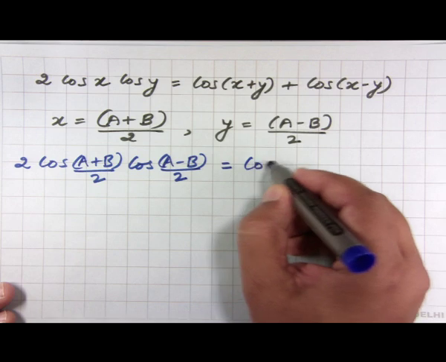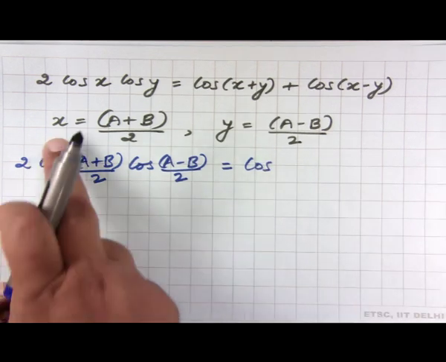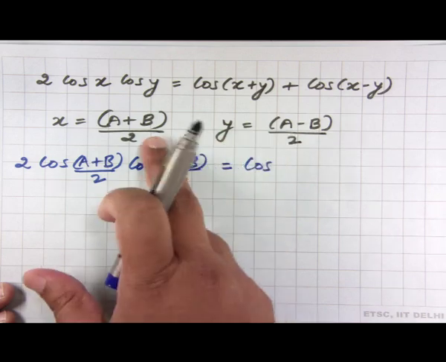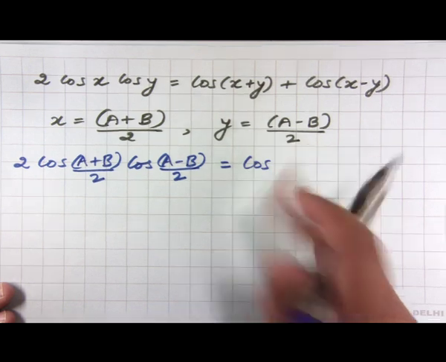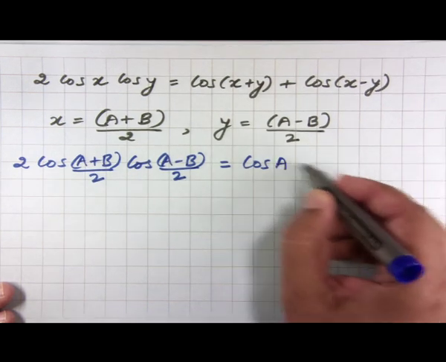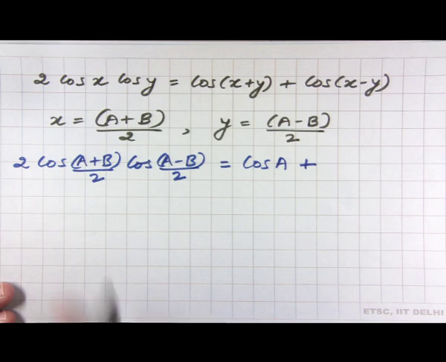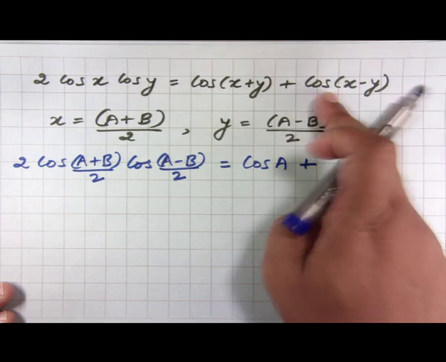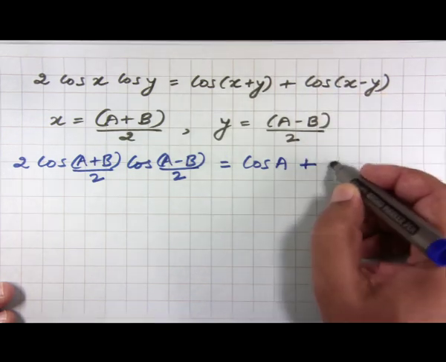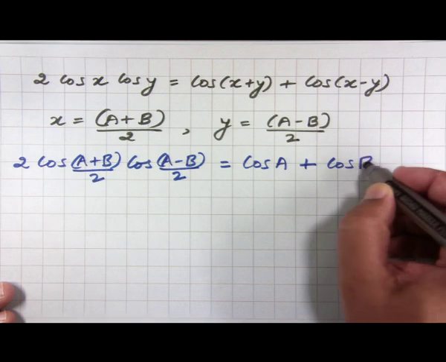now cos(x plus y), but x plus y is (a plus b) over 2 plus (a minus b) over 2, which is a. So, we get cos a, and similarly x minus y is b. So, cos of x minus y is cos of b.